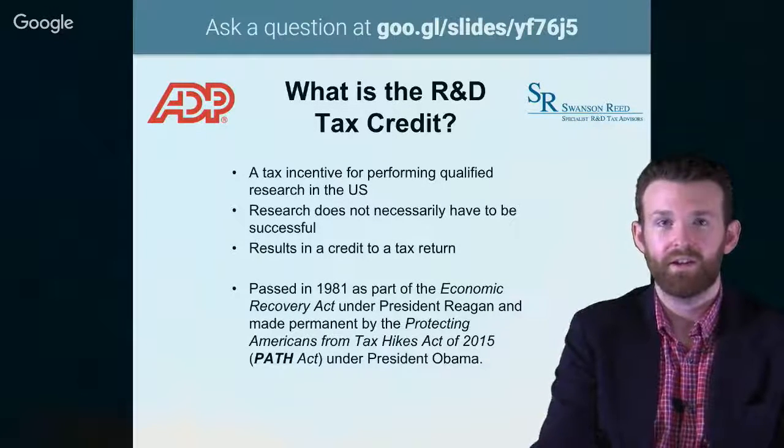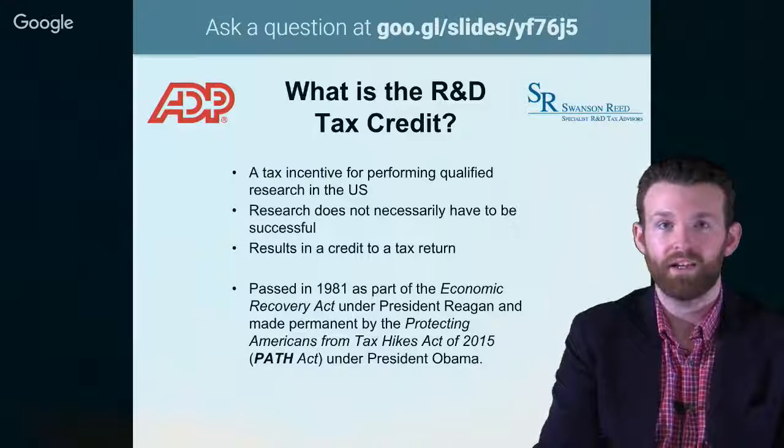All right, to start us off, I'll give some background to the R&D tax credit legislation. Then we'll jump into talking about what R&D activities and expenses are eligible in claiming the credit. The research and development tax credit is a tax incentive for performing qualified research in the United States, resulting in a credit to a tax return.